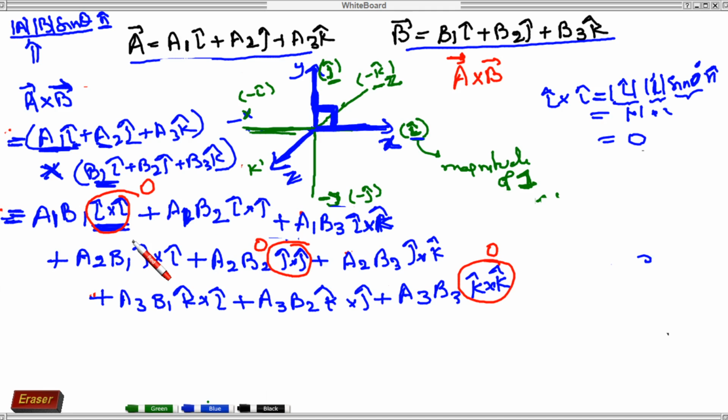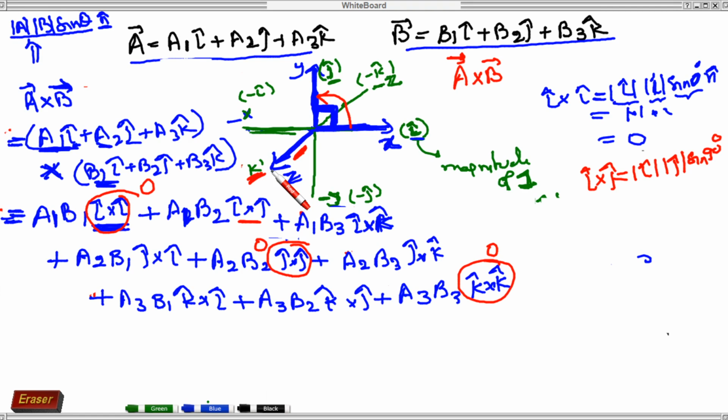Okay. What about this i cross j? That will be modulus of i, modulus of j, and you can see here that i and j have 90 degrees between them. You have to rotate your fingers from i to j, so the direction by the right hand thumb rule will be the k unit vector. So sine 90 degrees, and the direction of the unit vector is k.